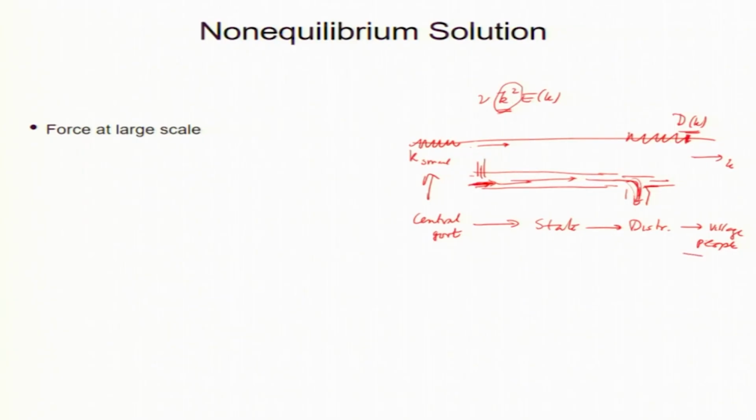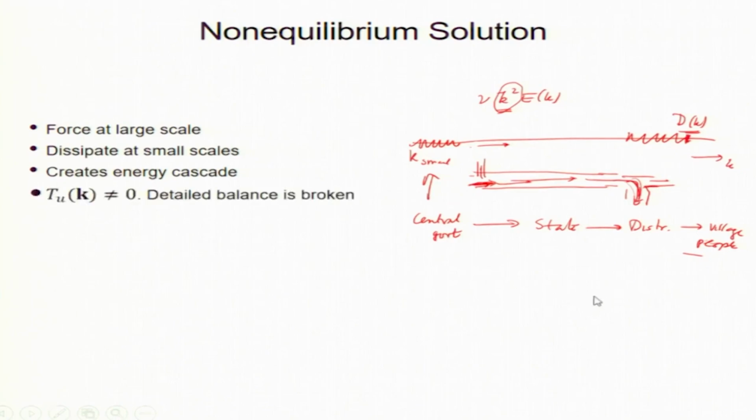This flux, which I am going to describe soon, is not a flux like the Poynting flux of electromagnetism, it is this multi scale energy transfer. So, we need a forcing and dissipation, right. It is two different scales, not the same scale, and that creates a cascade. The example of cascade I just gave you, and so this TUK is not equal to 0.